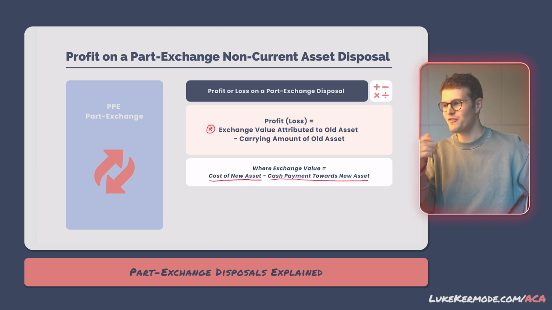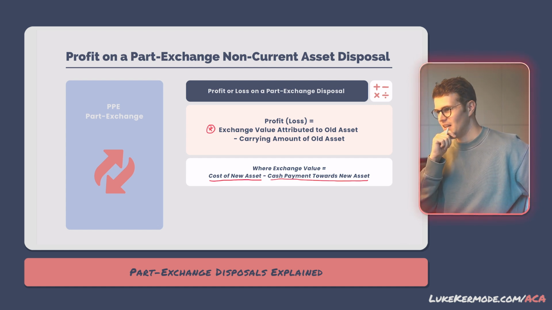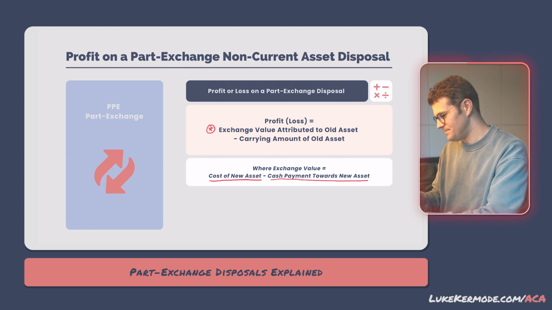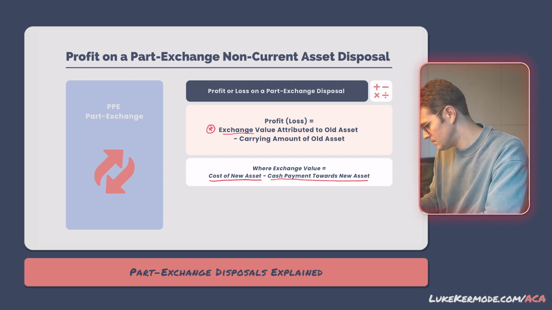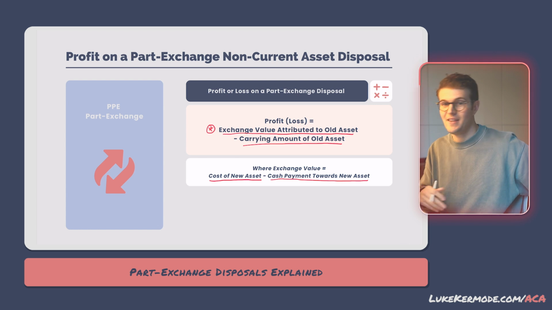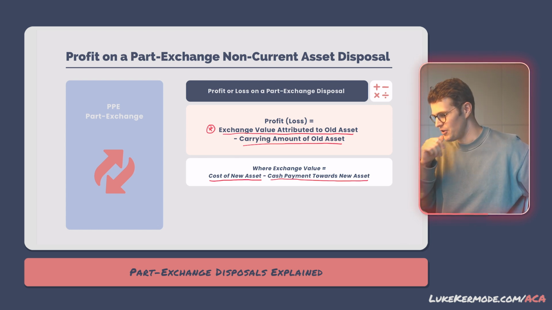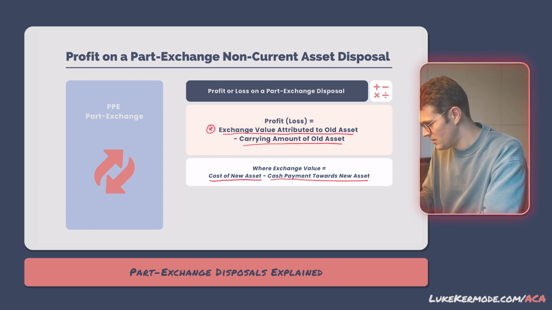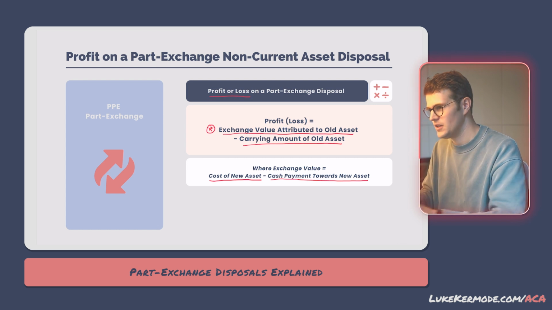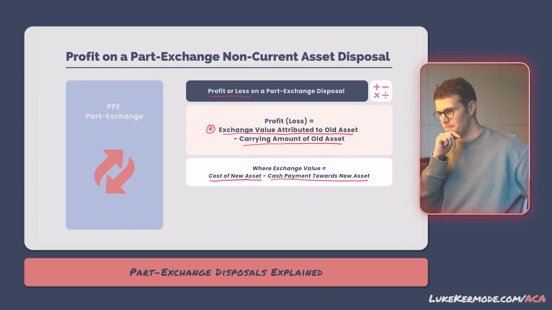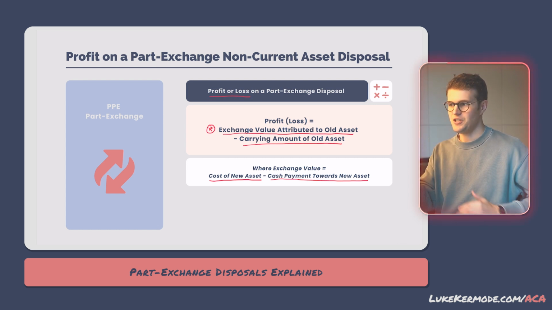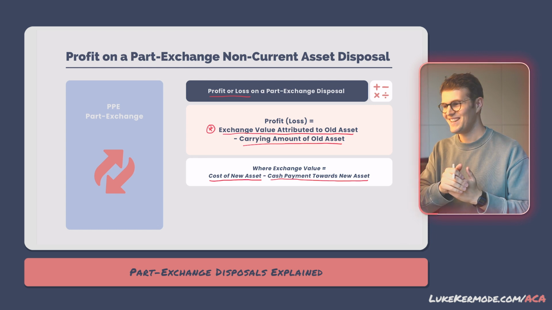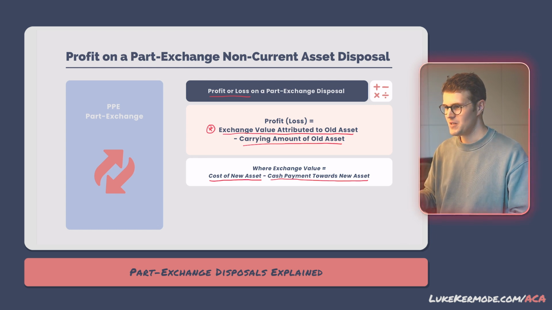So once you have your exchange value, you take that and you subtract the carrying amount of the old asset, the asset being traded in, and that's going to give you your profit or loss on disposal of the old asset. So this calculation will ensure that the disposal is being properly reflected in the company's financial statements, even though no cash has been received for the old asset.